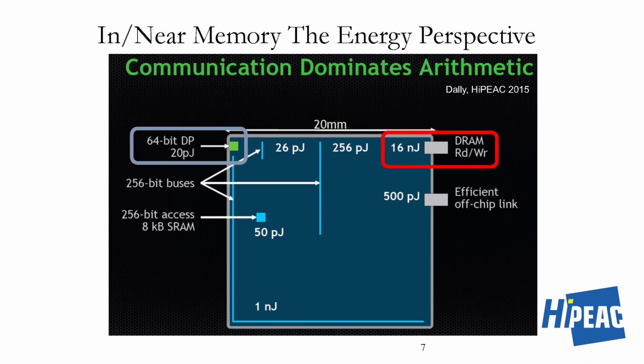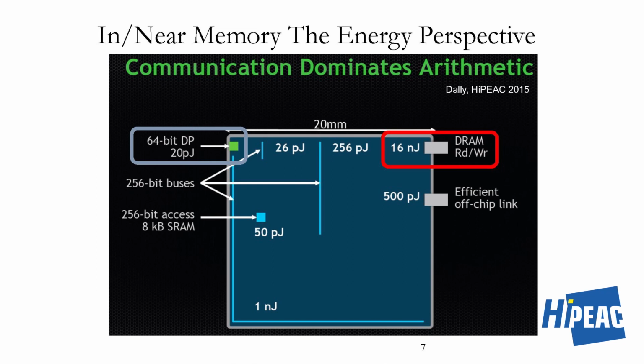This analysis was done by Daly and his students about 8 years or so ago, and what they showed was that communication and memory dominates the arithmetic energy. So, let's look at this in perspective, right. They took a 20 by 20 millimeter square die, okay, and they showed the relative energy taken by all these different things which is going on.